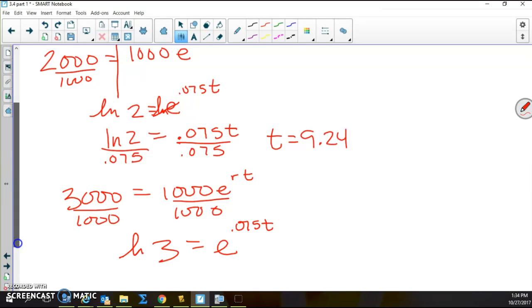We're going to take the natural log of both sides, and natural log of 3 divided by 0.075 yields approximately 14.65 years. We're solving for t, so both of these are in years.